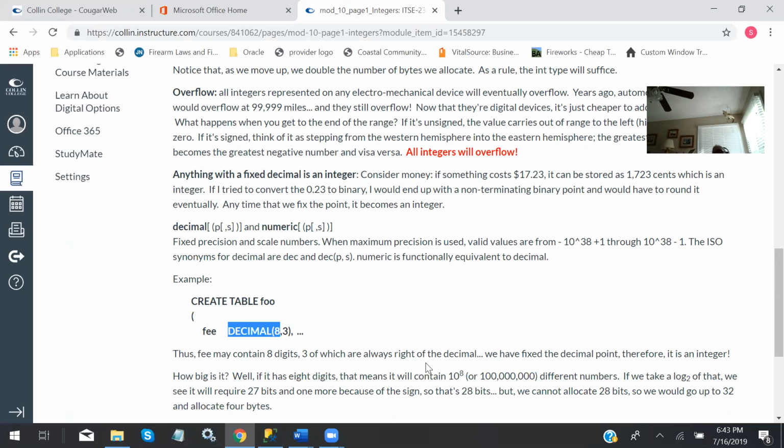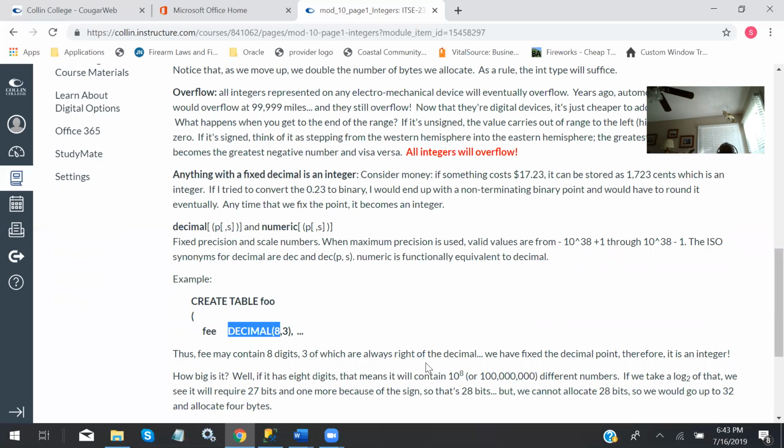That would be, what, 10 million. So a number that is big enough to hold at least 99,999,999. So a number that can hold 8 decimal digits.